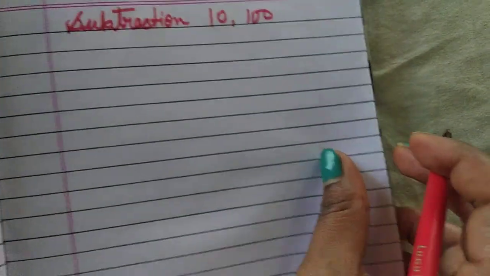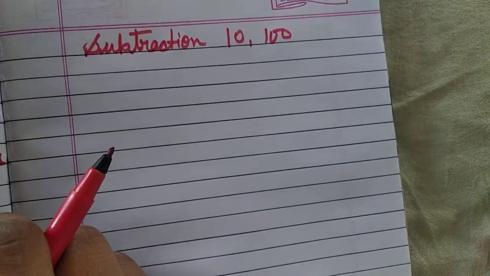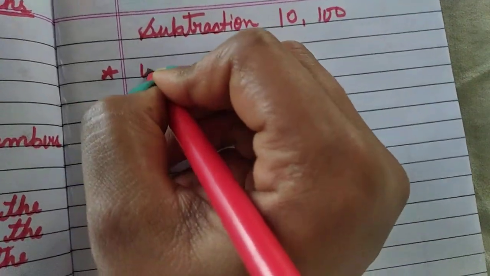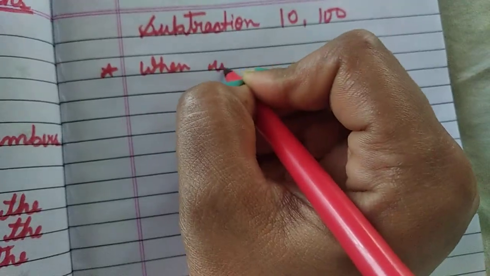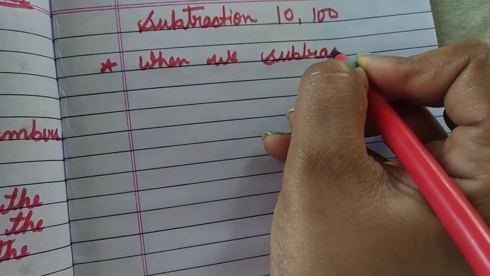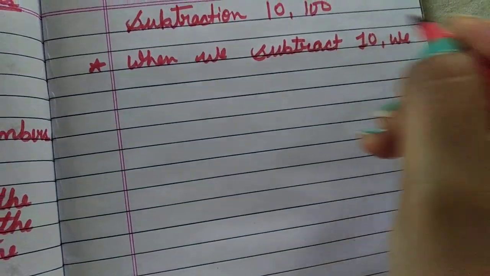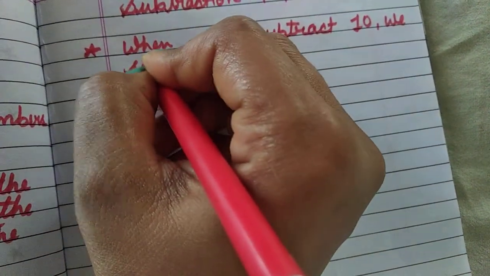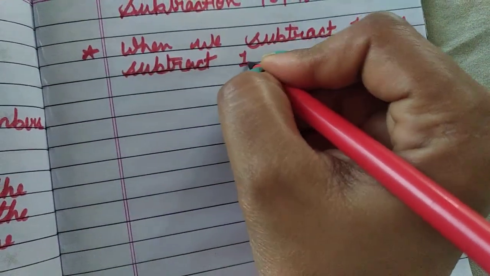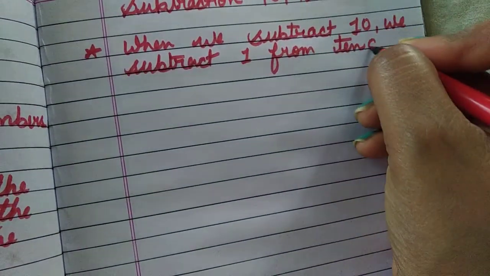So children, when we subtract 10, we subtract 1 from the tens digit.